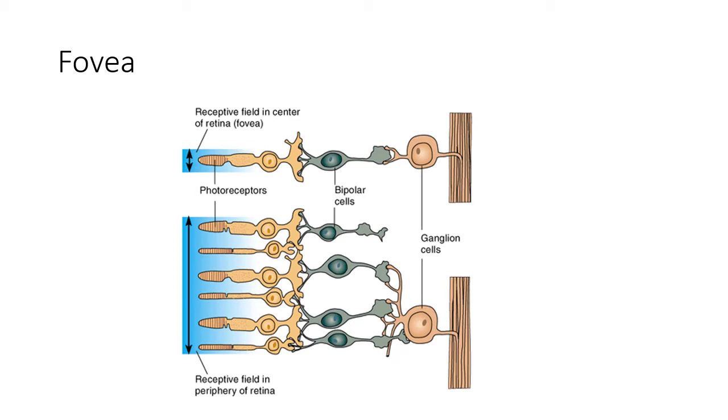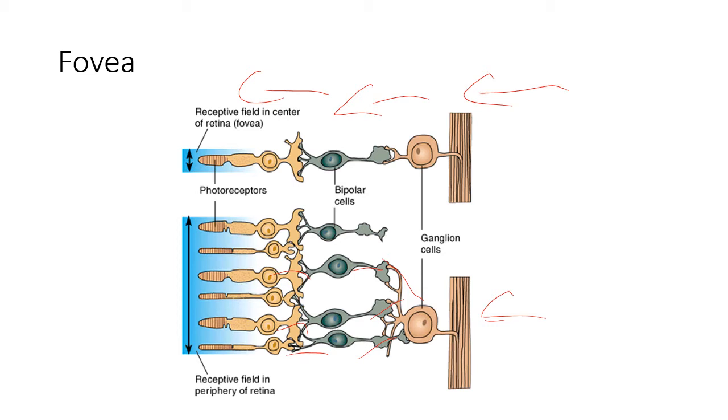The information that comes in gets to the ganglion cells, goes to the bipolar cells, and then goes into the cones and rods. However, when you're dealing with the periphery, the light will come into a ganglion cell, then branch off from there, and branch off more, so that one ganglion cell goes to multiple different cones and rods.